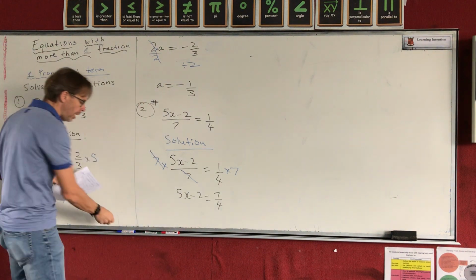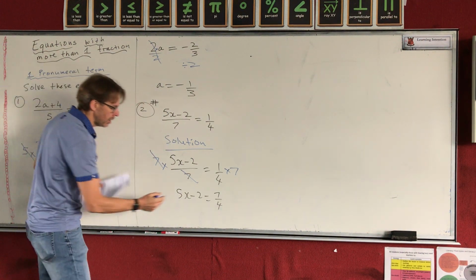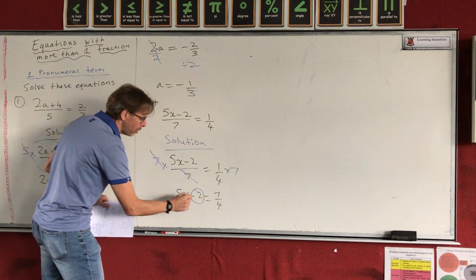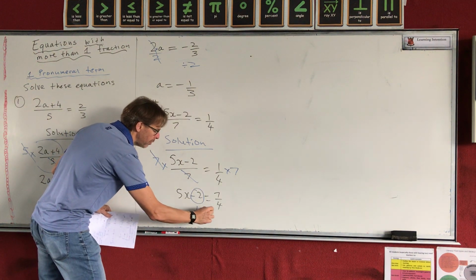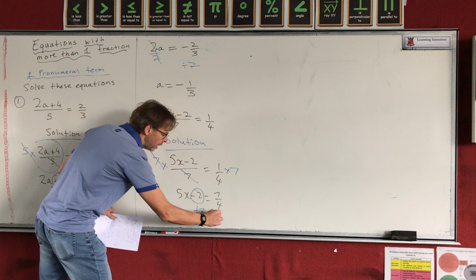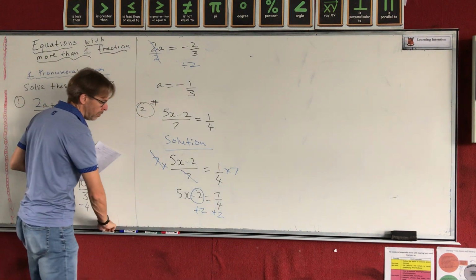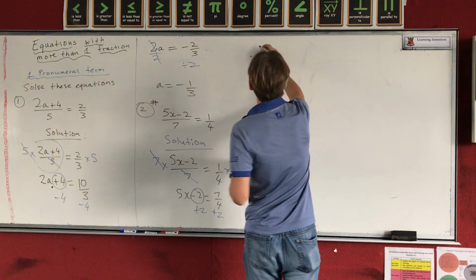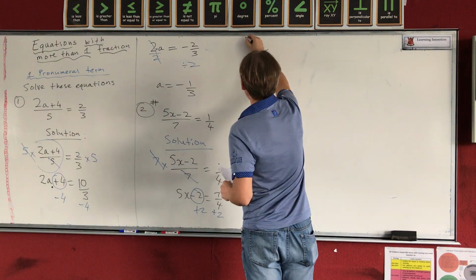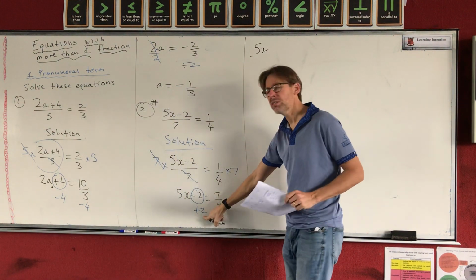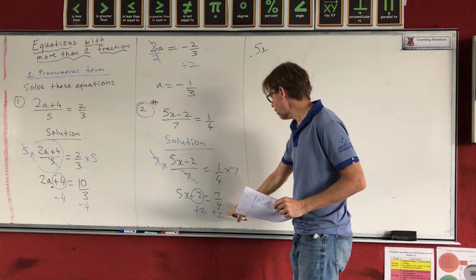Alright, now what's the next step? Well, the minus 2 is on its own, so I'm going to get rid of that first. Plus 2 plus 2. Alright, so what does that give me? 5x. Okay, minus 2 plus 2 is nothing. 7 over 4 plus 2.